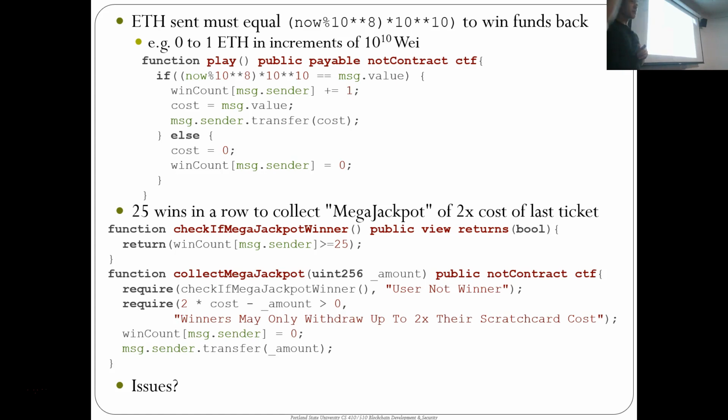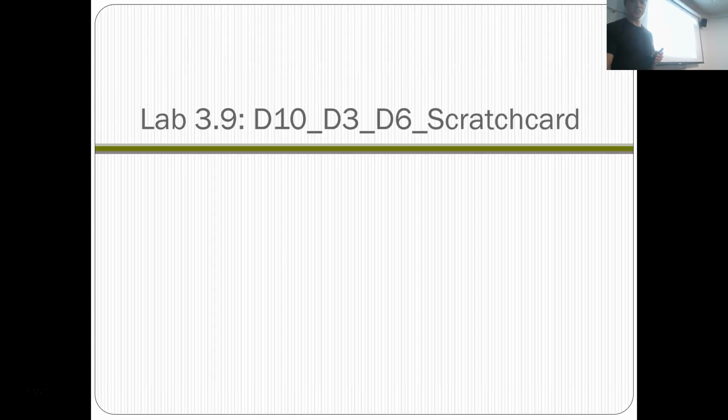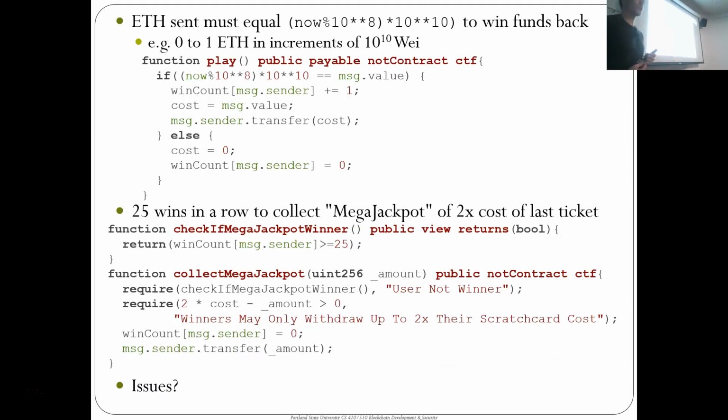So the labeling here is significant. Like if I labeled scratch card with D10, D3, and D6, does anyone see where D3 or D6 show up here? What was D3? Anyone remember what that was? Yeah, where's that?